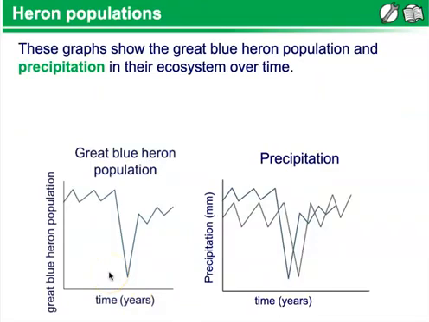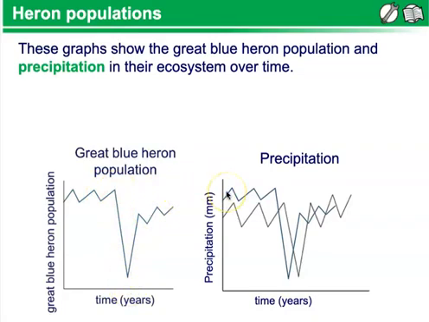So let's look at some examples of interactions between populations of organisms and an abiotic factor. These graphs show the great blue heron population and precipitation for an ecosystem over time. Notice the great blue heron population stays relatively stable for a long period of time before drastically dropping off.